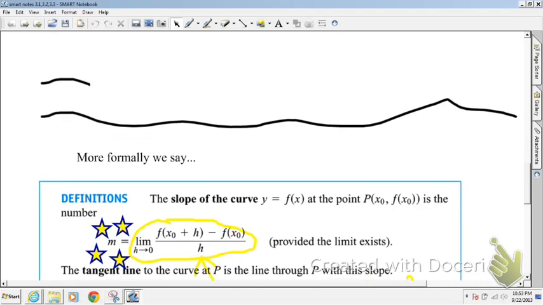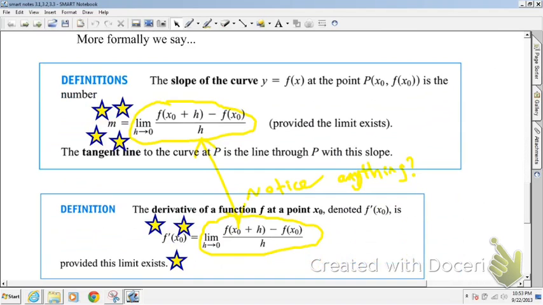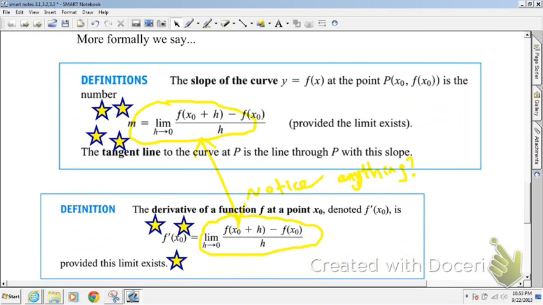Okay, and next, and I kind of said this, I got a little bit ahead of the game, but this is where we're heading. More formally, we say that the slope of the curve, y equals f of x at a certain point, is the number m, so notice that's a little m there, we're going to denote that little m. M is the limit as h approaches 0 of f of x plus h minus f of x over h, provided the limit exists.